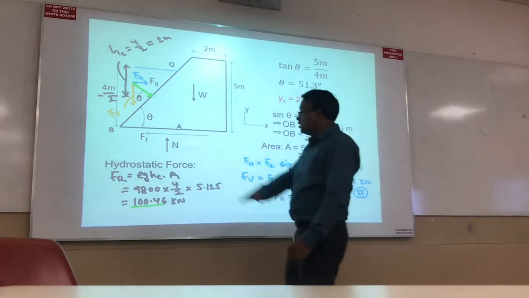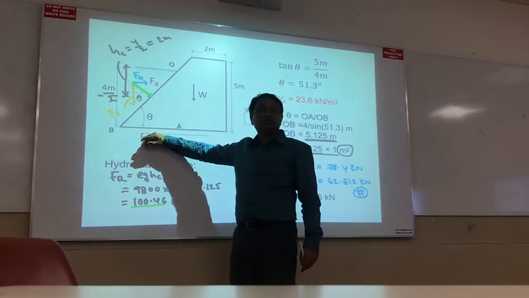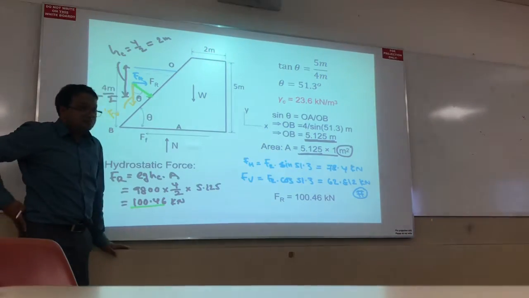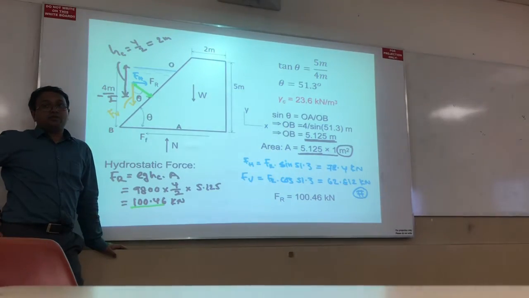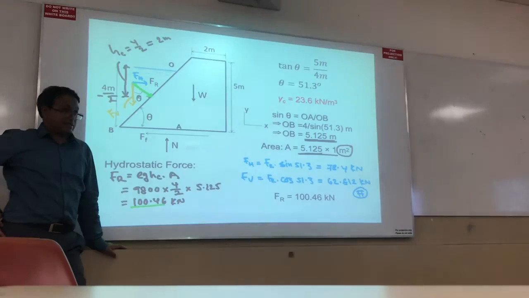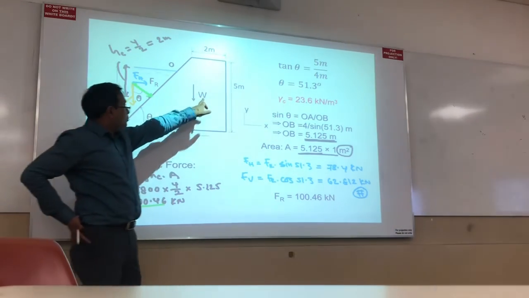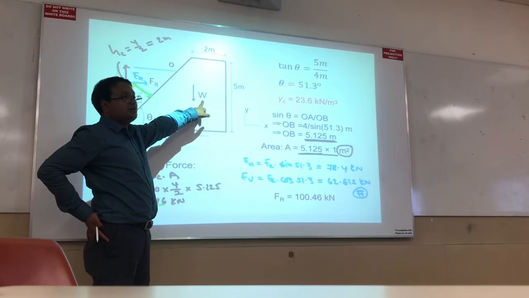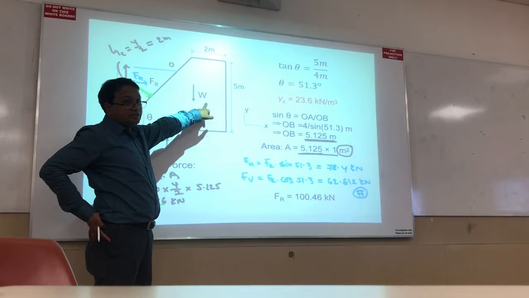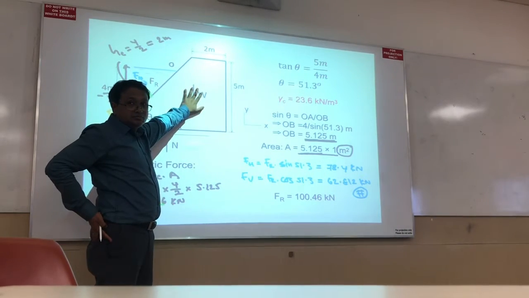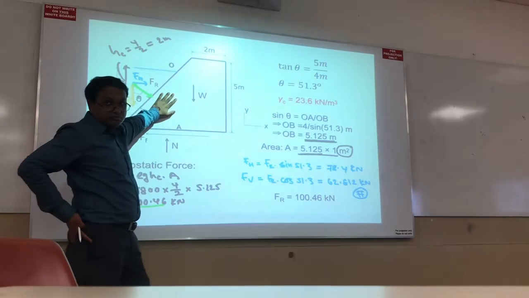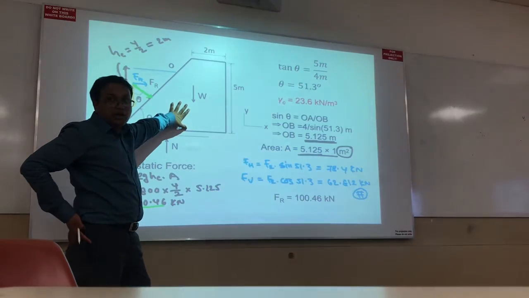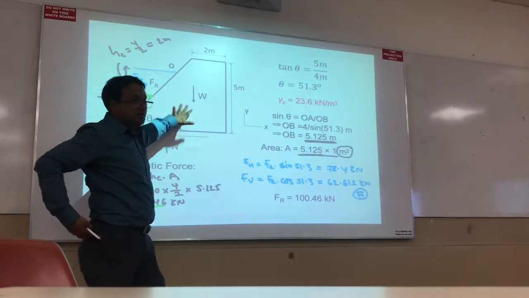Second part, they tell you to find the coefficient of friction. Then in that case, you have to do the force balance, both in x-axis and y-axis. Right? So W you have to find. What is this? Weight of the block. So this value is equivalent to rho g times volume. You know, right?